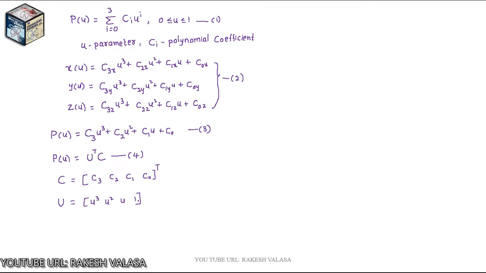Similarly, the tangent vector to the curve at any point is given by differentiating equation number 1 with respect to u.